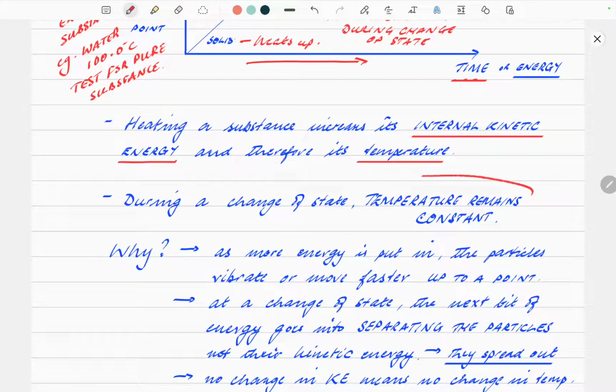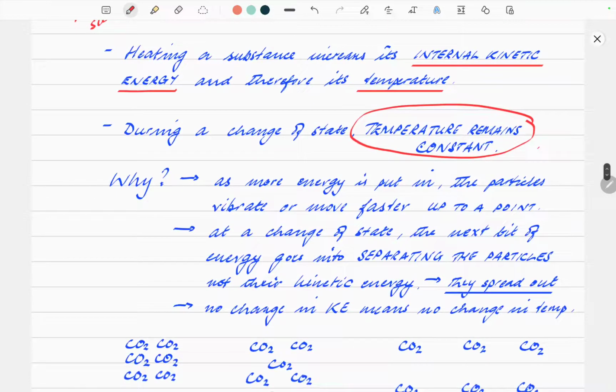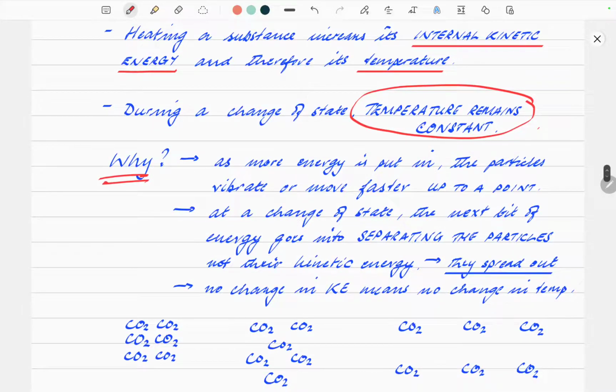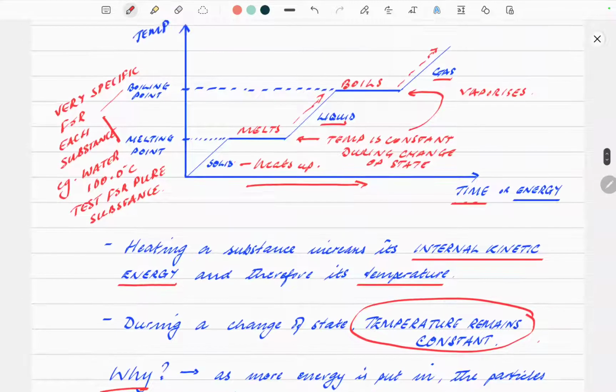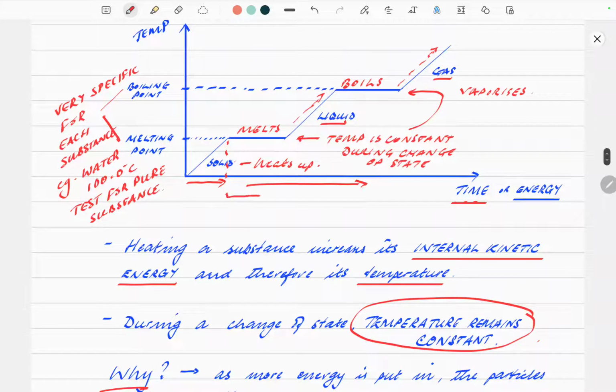We've already talked about temperature remaining constant, so that's okay. Now the big question is why, all right? Why does the temperature stay constant? And I'll actually go through this in detail. As more energy is put in, the particles vibrate or move faster, all right, up to a point, okay? And at a change of state, the next bit of energy, all right? So if we go back to the graph for just a second, so you've gone, let's say, with the solid from here to here, all right? So you've gone there. This next bit of energy there, all right, that is going into kinetic energy, the first bit.